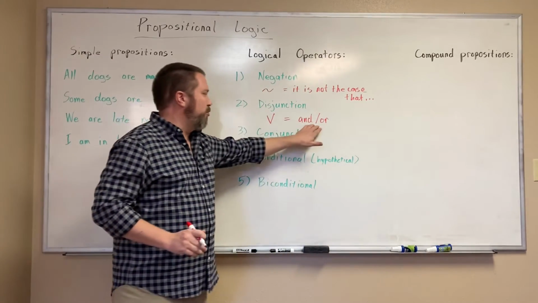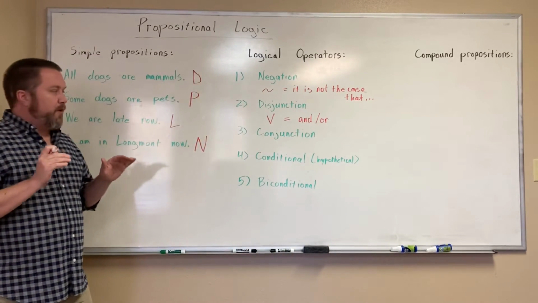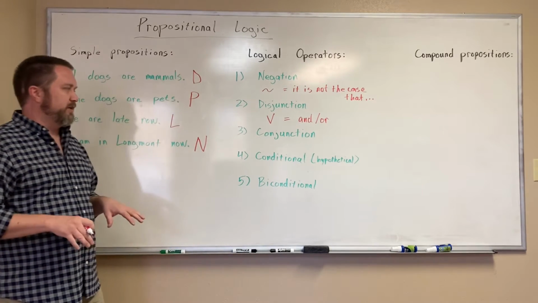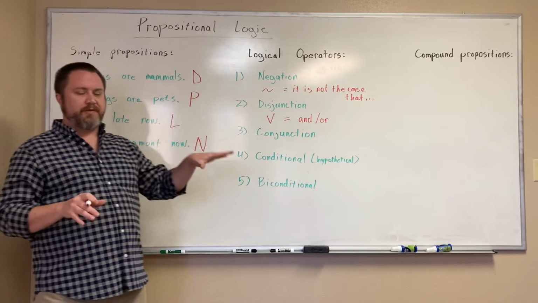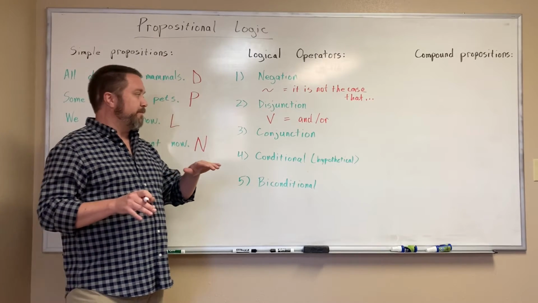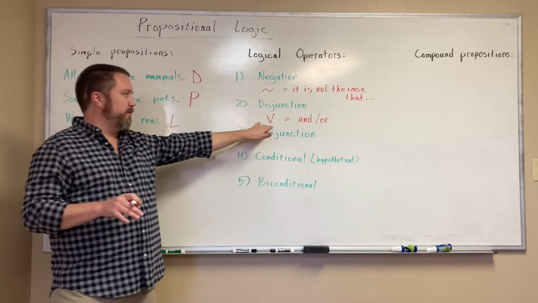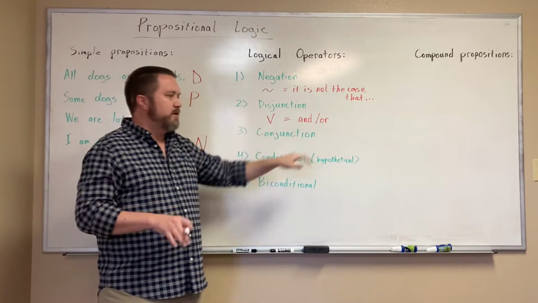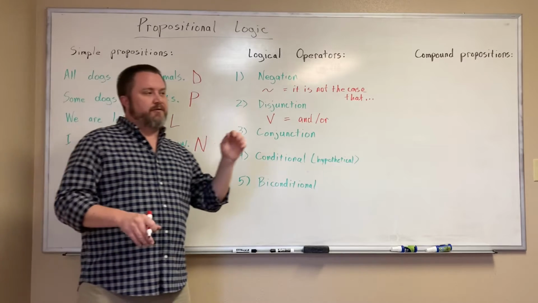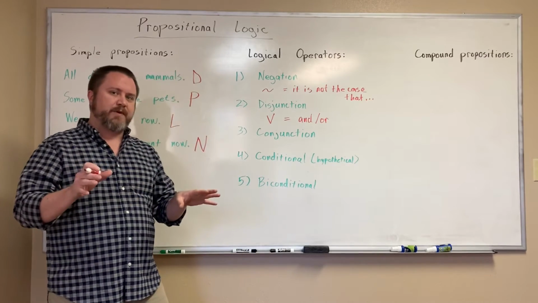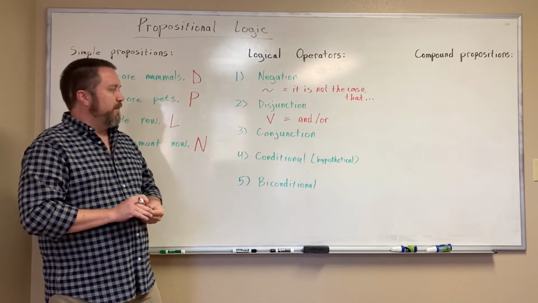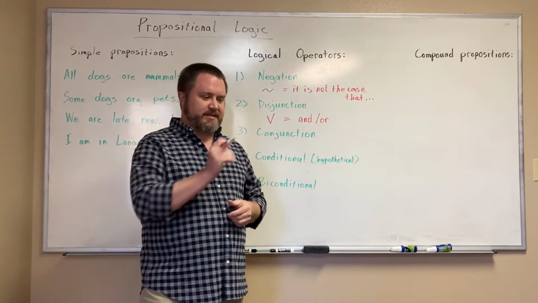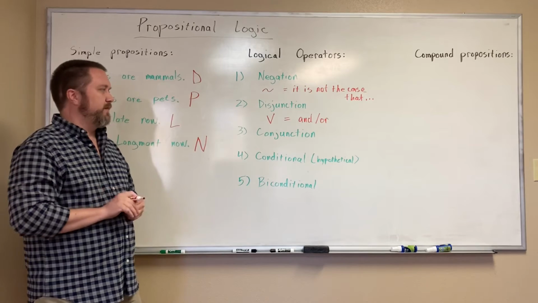So basically it means or, but for the purpose of this class and the bulk of logic going forward, we use it inclusive. We're going to refer to the wedge symbol, disjunction, as inclusive, which means and/or. So one of them can be true, the other one can be true, or they can both be true. There is an exclusive disjunction, which is to say only one of them can be true.